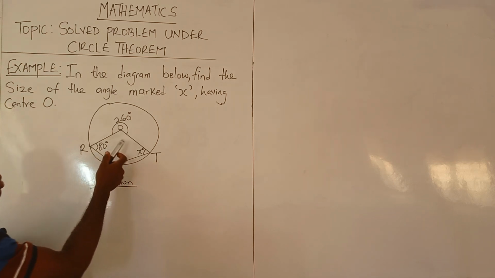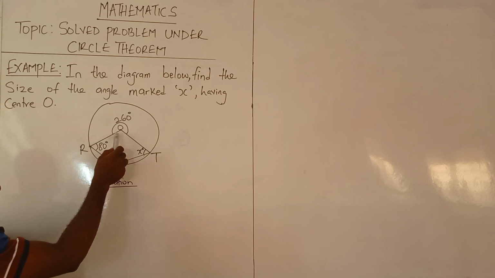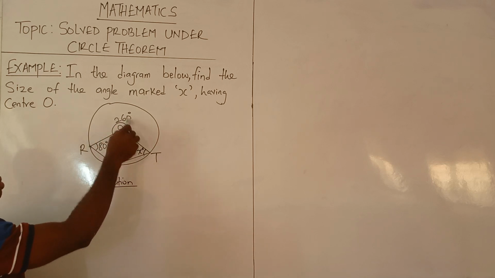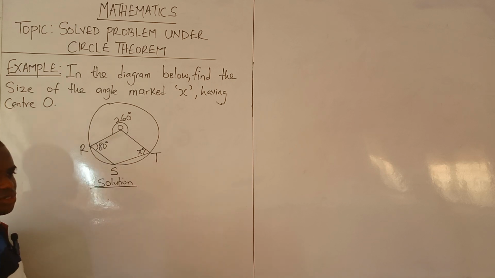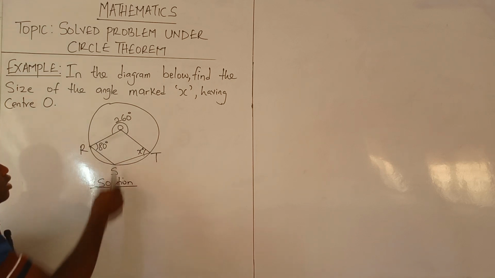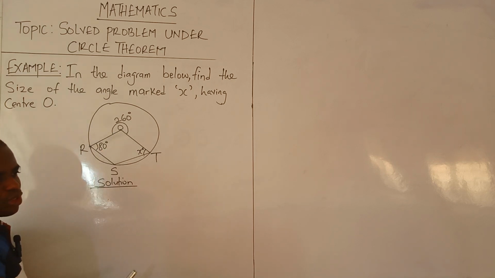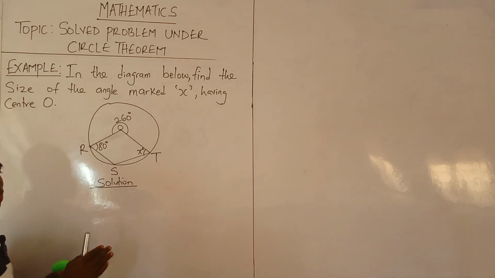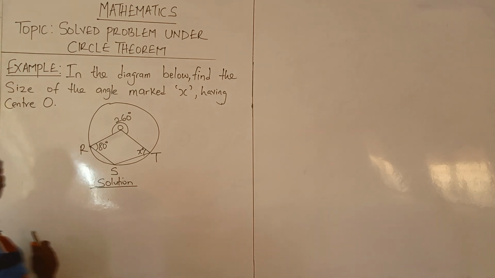And when you see a question like this, you can see that this outside angle is 260 degrees. It is a reflex angle because the angle falls between 180 degrees and 360 degrees. Okay, now let's solve the problem.